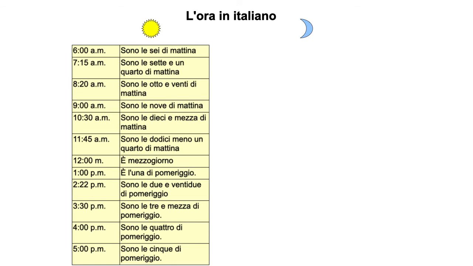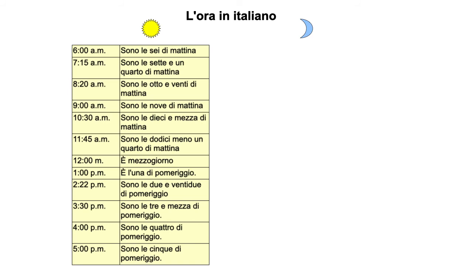Evening or night. So for example, 7:15 a.m., still in the morning, you can say sono le sette e quindici di mattina, right? 7 and 15. Or just like in English, you can say 7:15. So in Italian they use this a lot. You can say sono le sette e quindici di mattina.